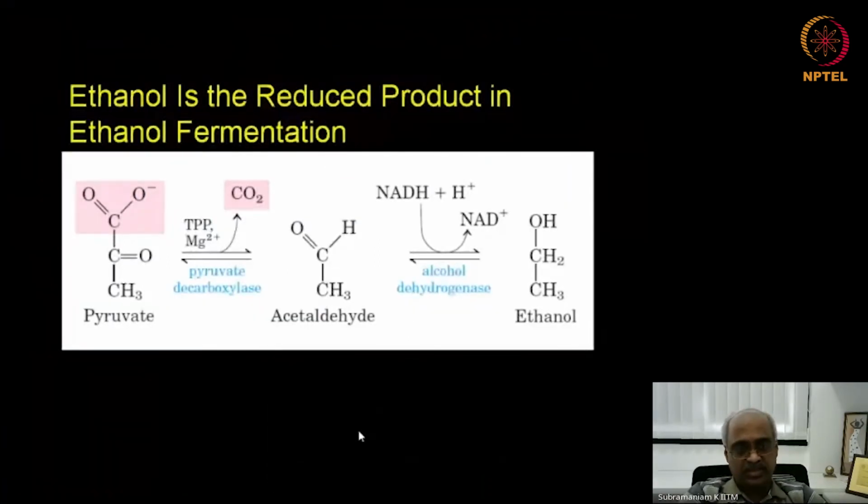So in yeast, on the other hand, unlike our muscle cells, the yeast has an interesting additional enzyme which we do not have, the pyruvate decarboxylase.